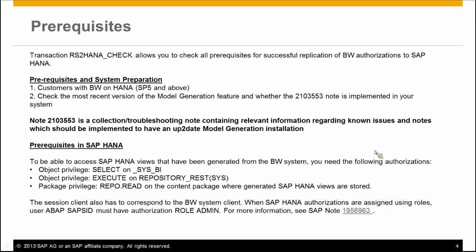That would allow you to run a consistency check to see if all the prerequisites are met. If there are any gaps, the end result would show you what things are missing, and then you can go ahead and either add a note or fix it based on the error message. Very importantly, BW on HANA version SP5 and above supports these HANA generations.